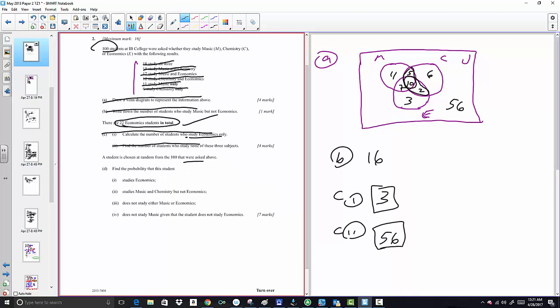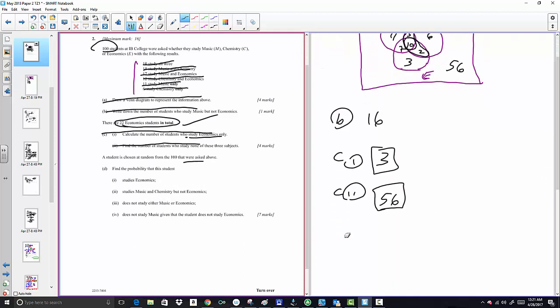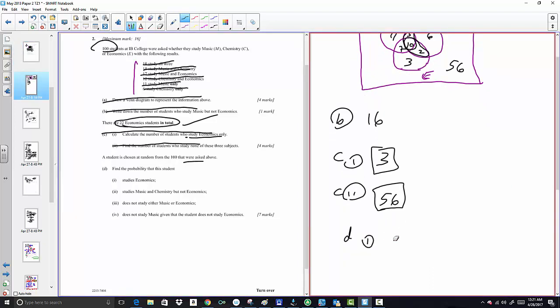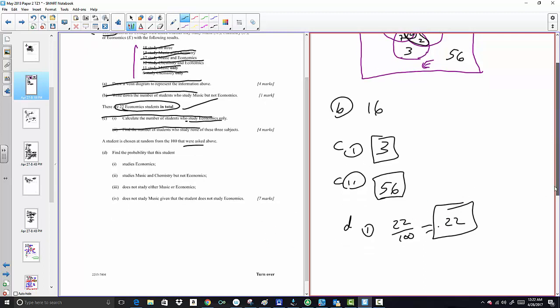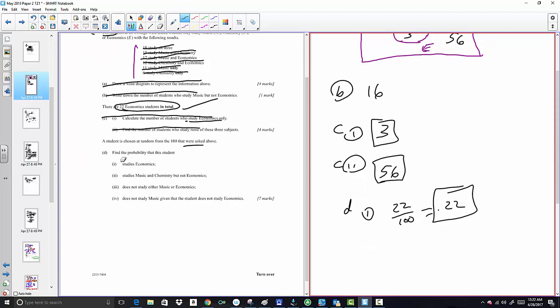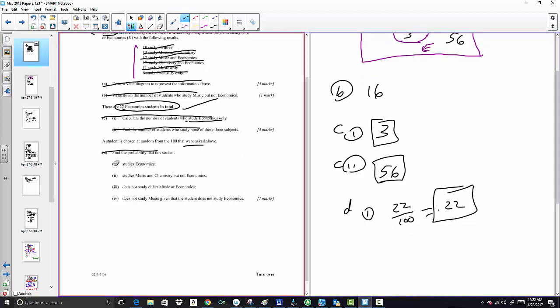So we can say this is D part 1. That is 22 out of 100, which is 0.22 or 22%. Any of these answers will be acceptable. They'll give you credit for fractions, decimals, or percentages for this, okay? So that one's done.